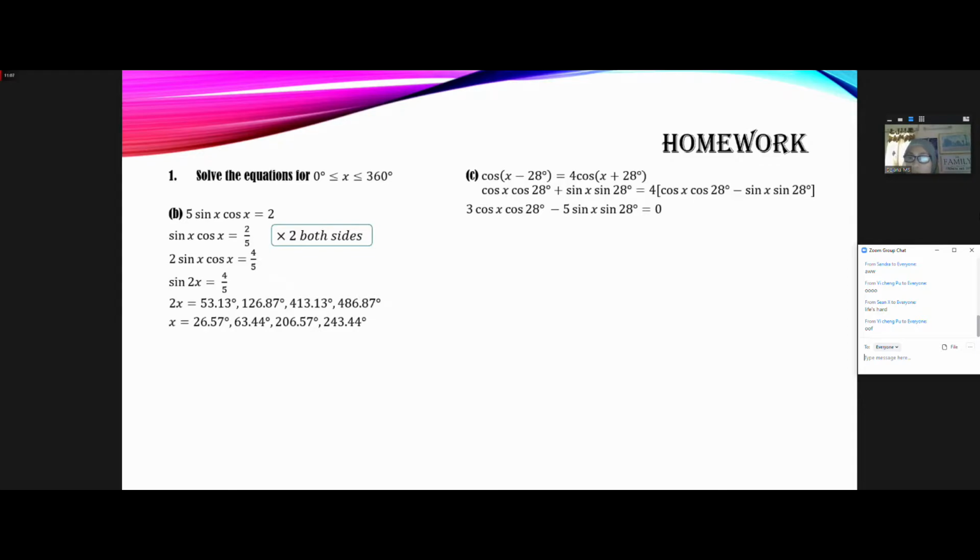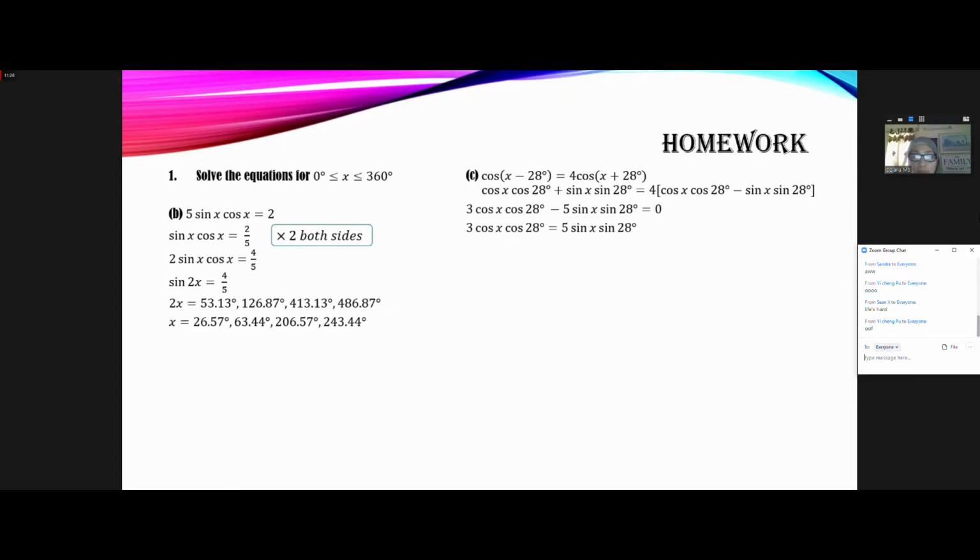Okay, then I just arrange it, one left hand side, one right hand side, so easy. I can see that one side has cos and the other side has sine. Remember I said to solve, you can only have one unknown.